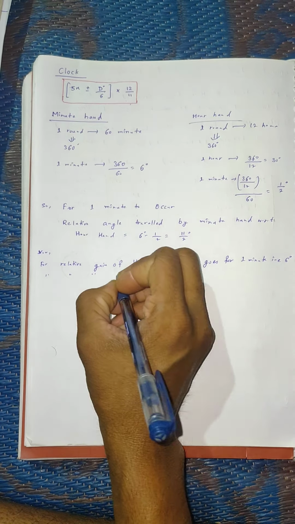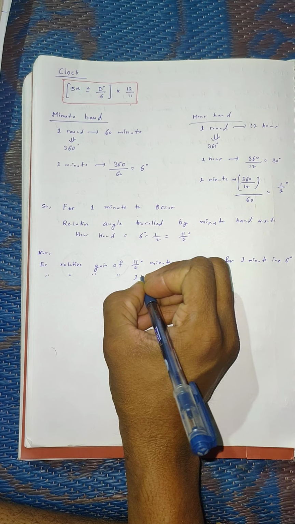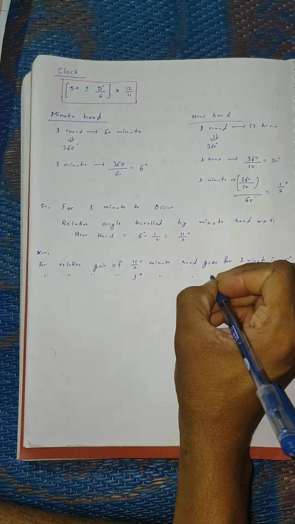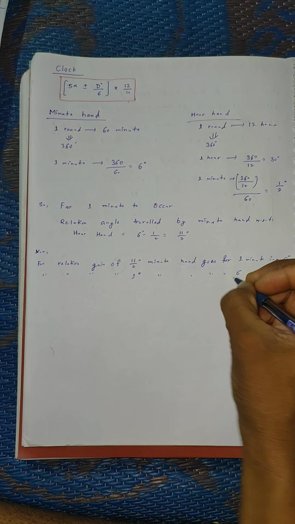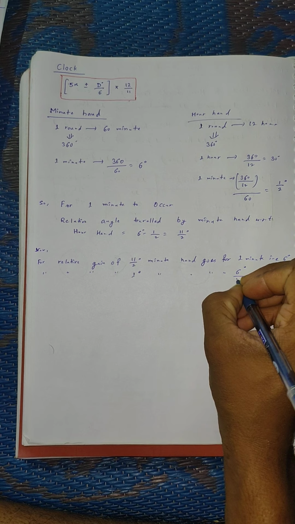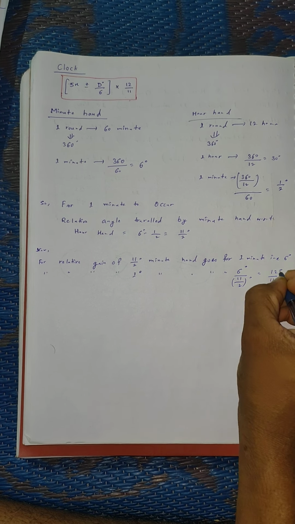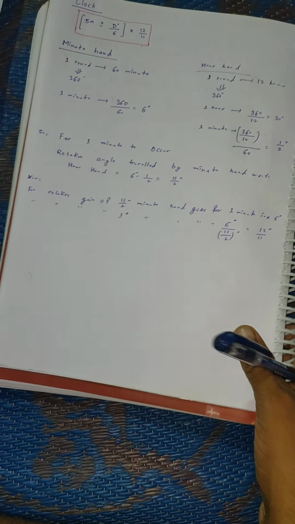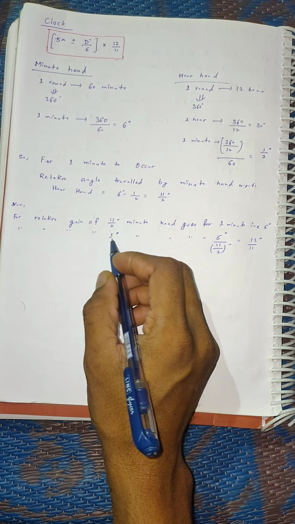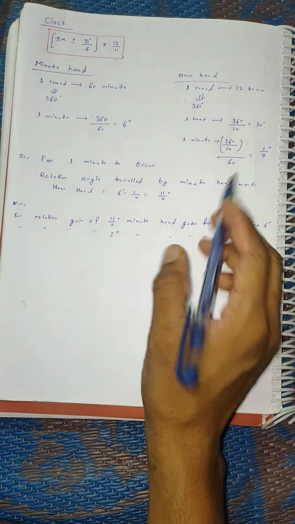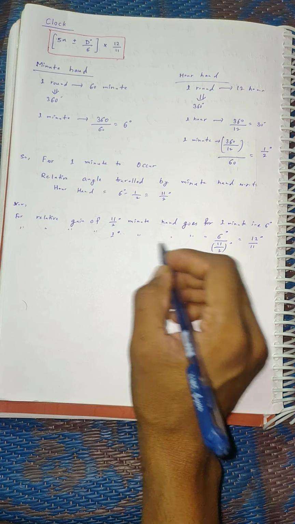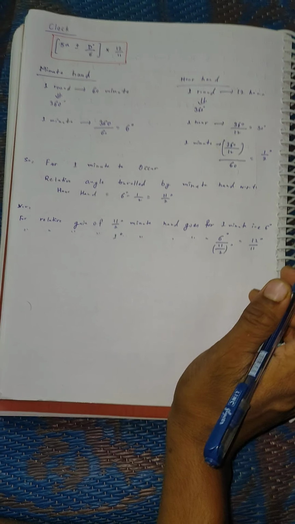So for relative gain of 1 degree, minute hand goes for 6 degree divided by 11 by 2 degree equal to 12 by 11 degree. It means if minute hand wants to take relative gain of 1 degree with respect to hour hand, minute hand has to go for 12 by 11 degree.